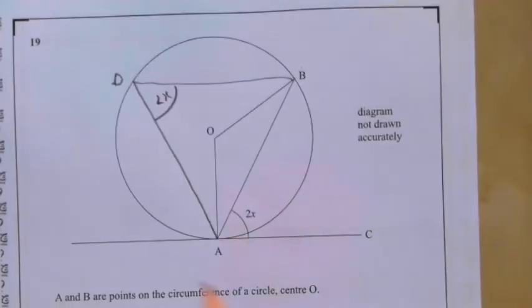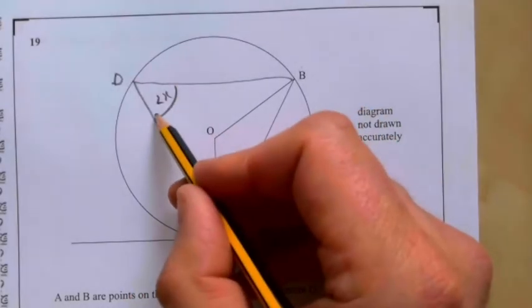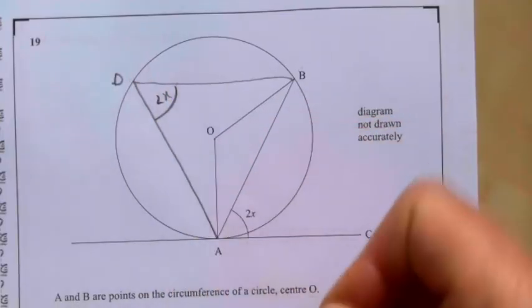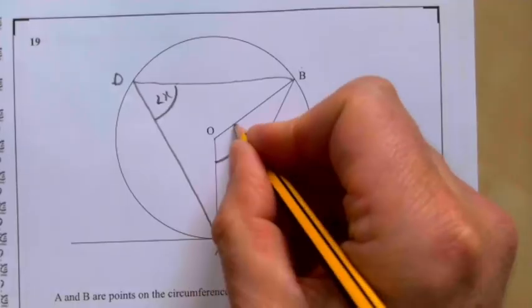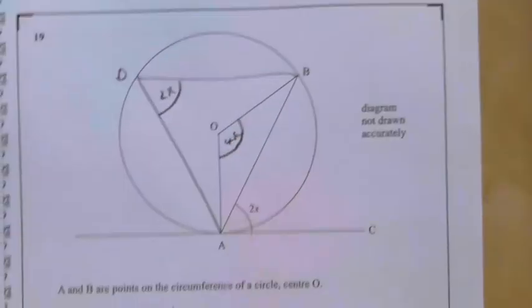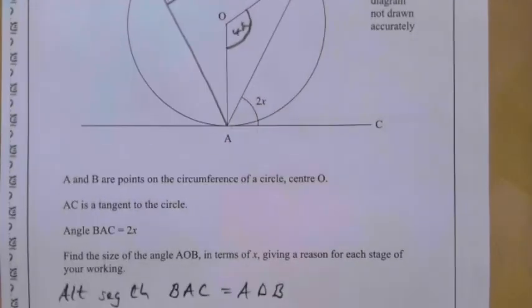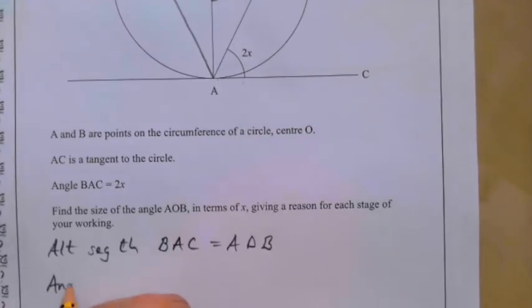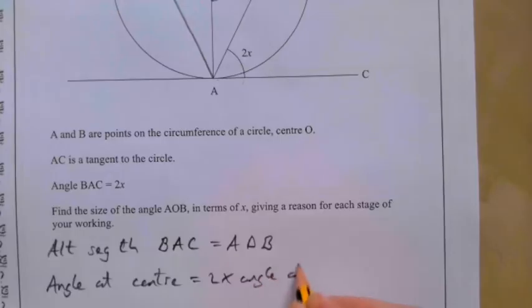One of our other circle theorems obviously says that this is the angle in the circumference and this is the angle at the center, because it says the center, so that's going to be twice that. So if we just then say that, angle at center equals 2 times angle at circumference.